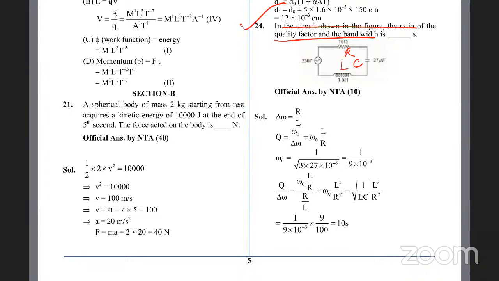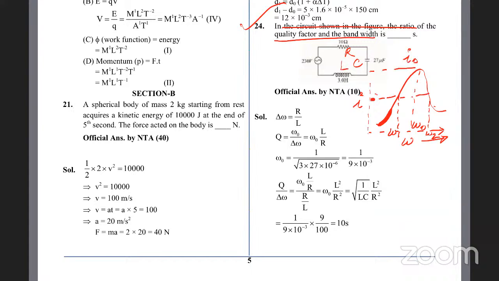So I think we know, if you look at the current versus the frequency, if omega naught is the resonance frequency, omega 1 and omega 2 are the frequencies at which the current is I naught by root 2, where I naught is the peak current.